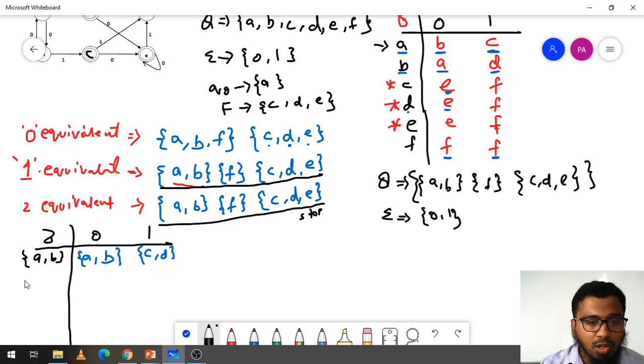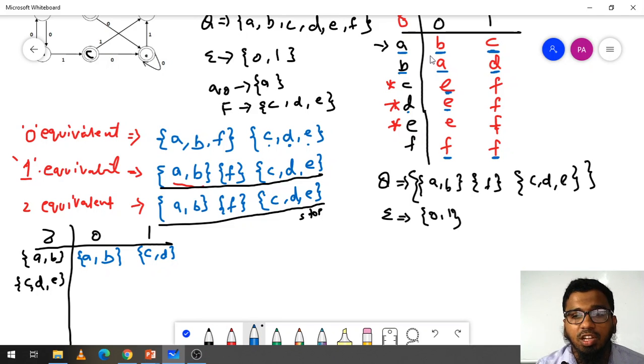I will take C, D, E. C on 0, what answer are we getting? We are getting E. D on 0, E only. E on 0, E only. So E is the answer.